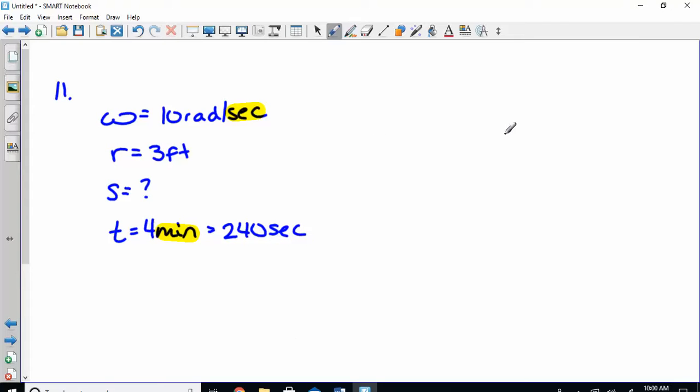Okay, so we need a formula with S. We can do S equals R theta, but I don't have theta. Or we can do V equals S over T, but I don't have V. So first we are going to have to use the second formula to find either the theta or the V. Which one do you guys want to find? V? Okay. So we can use V equals R omega.